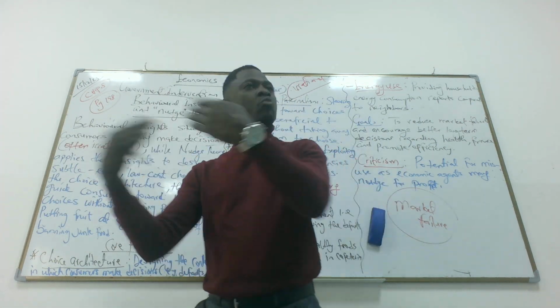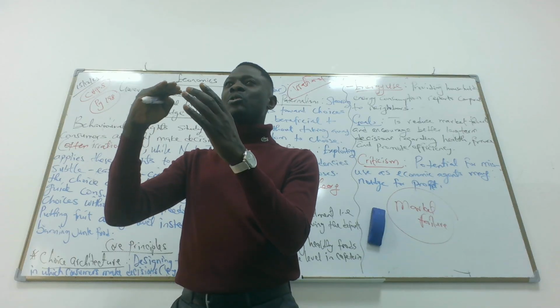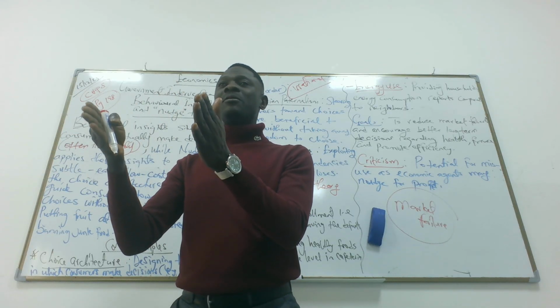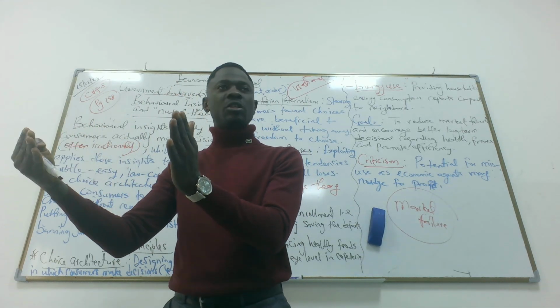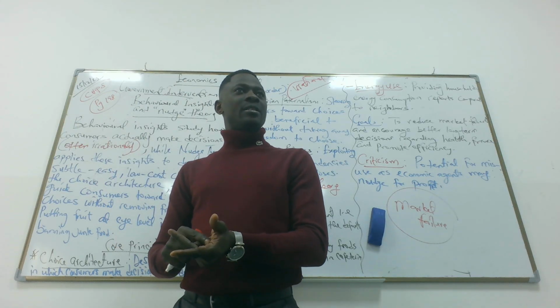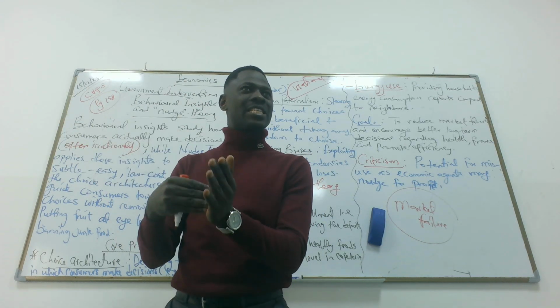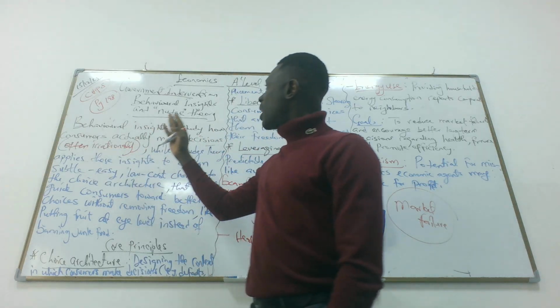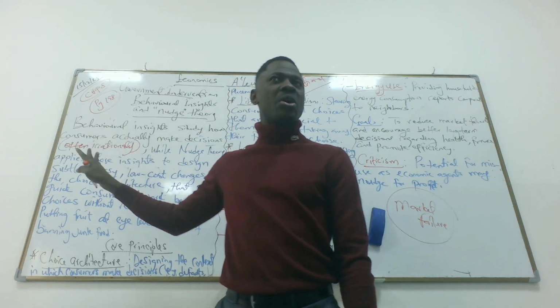So what can we do to guide them in terms of making the right decision regarding their health, their finances? That is why we have behavioral insight and nudge theory.